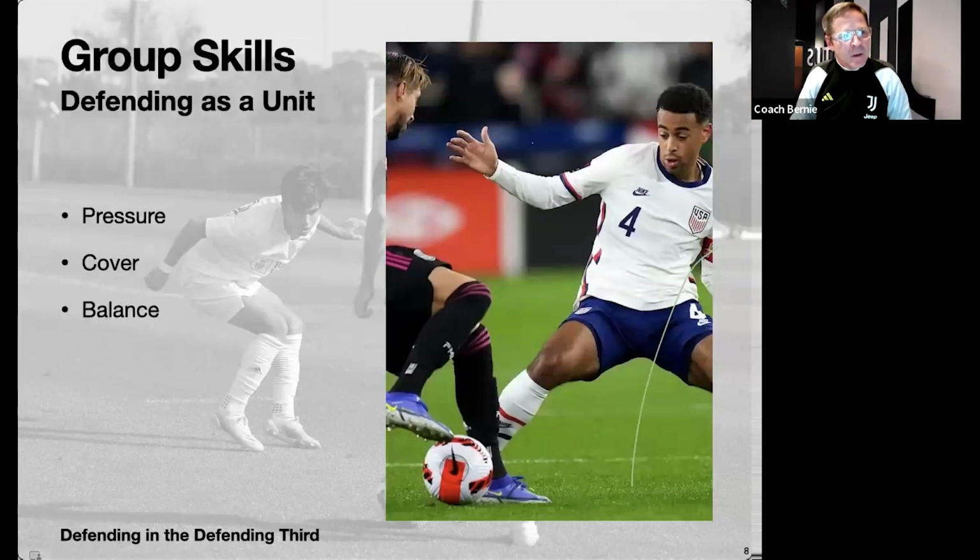Okay, so when we're defending as a group, defending as a unit, we're basically doing one of 3 things. We're applying pressure, we're the cover player, or we're the balance player. Okay? So who can tell me about the pressure player?